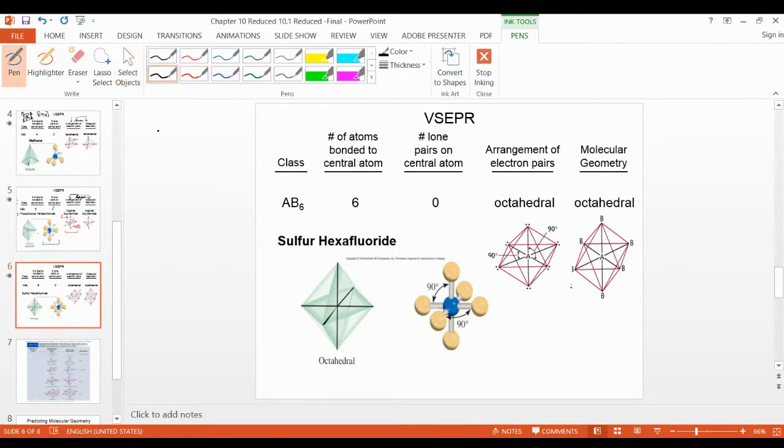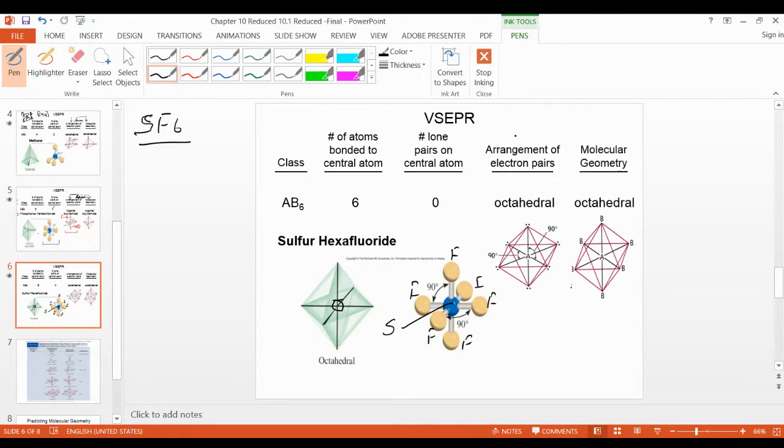The example of AB6 type is SF6. When you draw this SF6, you will see there is no lone pair of electrons on the central atom. This is S in the center, and this is F. There is no lone pair on the central atom.